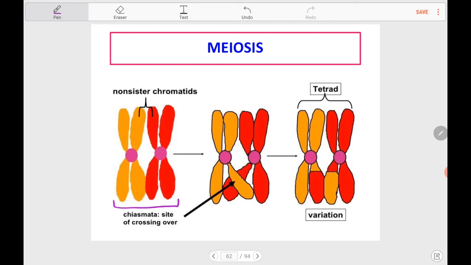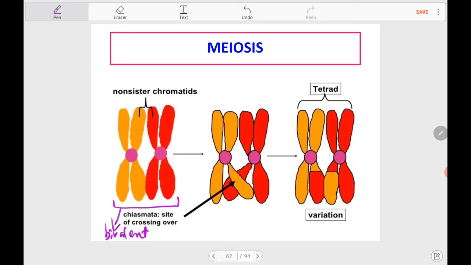So the one on the left is to illustrate the bivalent. Bivalent because there are two homologous chromosomes sitting next to each other.